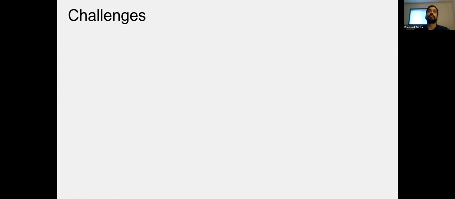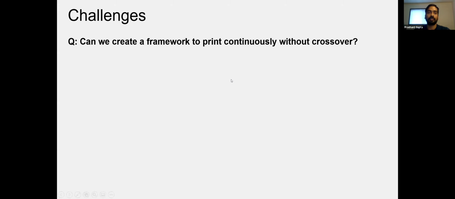Well, now the question is, for a general mesh, can we move without jumping? Can we create a framework to print it continuously without crossover? We also want a way so that we can optimize the toolpath.